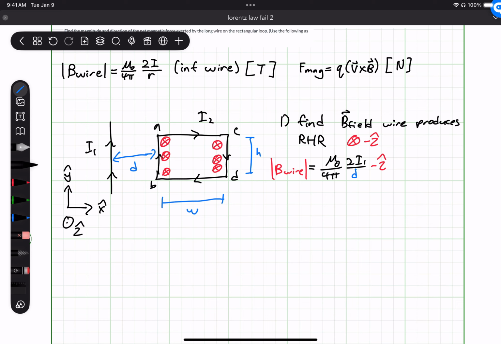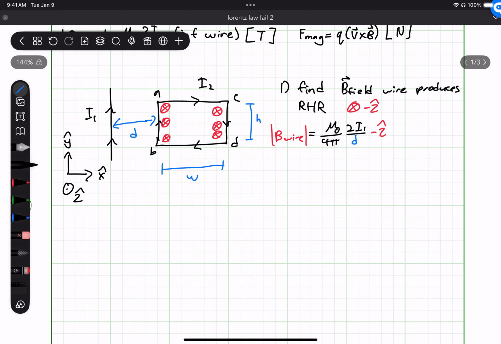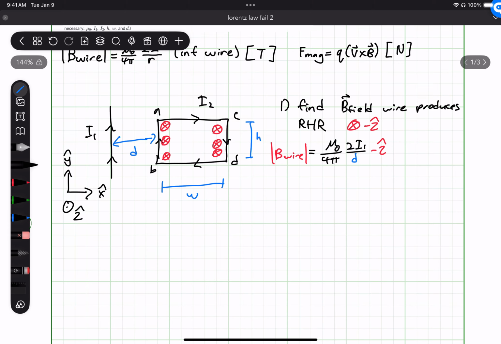Now moving on, we basically are halfway done with this problem already. We need to find our force from the magnetic field on the loop of current. Okay, so let's do segment AB first. The force on segment AB from the magnetic field will just be Q multiplied by V cross B. One transformation I can do from here is to transform this into the magnitude of F_AB.